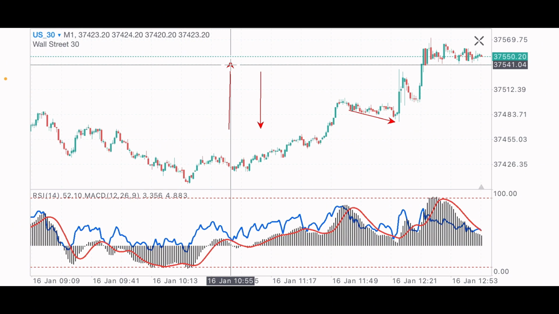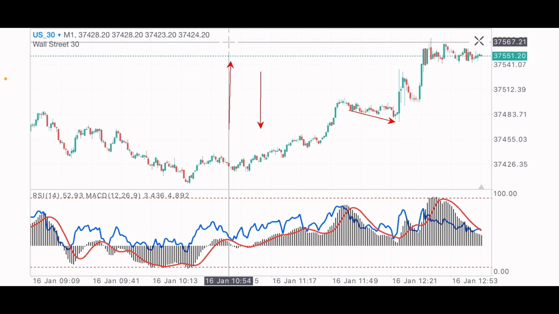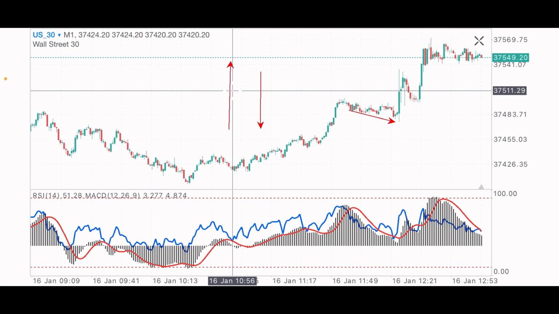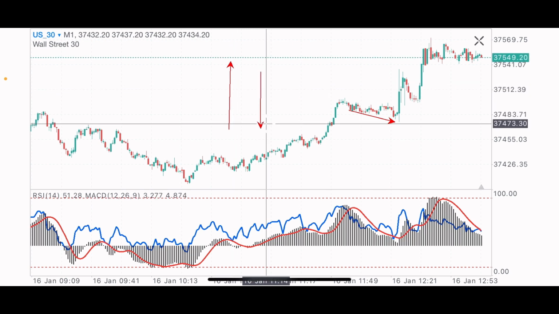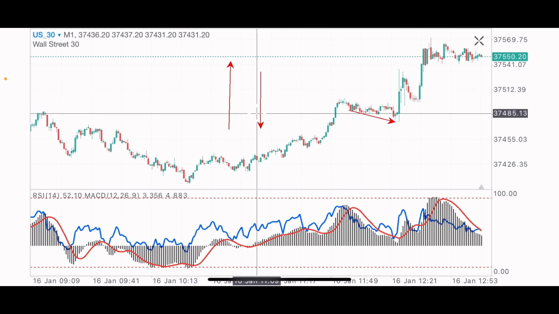So this is a complete candlestick for a buy. So the next step is going to be a sell.